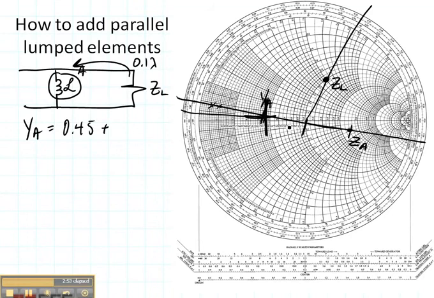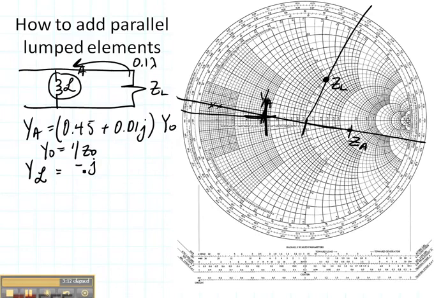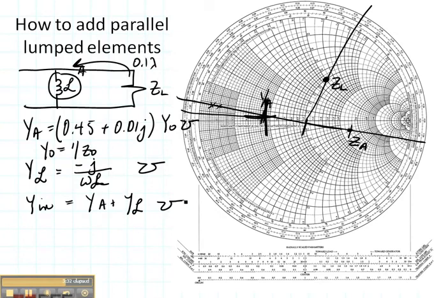So the value that comes right out here is about 0.01 J, and I need to denormalize it, which means I'm going to multiply by Y0, and Y0 is 1 divided by Z0, and then I'm going to calculate YL, which is minus J over omega L, where L is the inductance, same thing I did before. This value, because I'm multiplying it by Y0, is going to be given in mhos, and my Yin is going to be YA plus YL, and that value is going to be given in mhos.